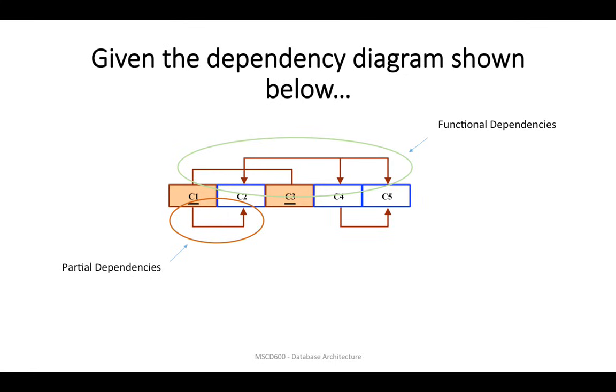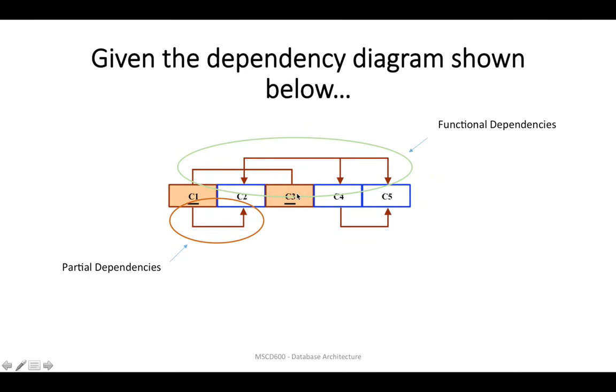So another dependency is called a transitive dependency, and that's what we have here. Someone has looked at this data and noticed that I can actually know what C5 is by just knowing what C4 is. So I don't actually need to know C1 and C3 to be able to get C5. And by the functional dependency up here, you can see that that is the case.